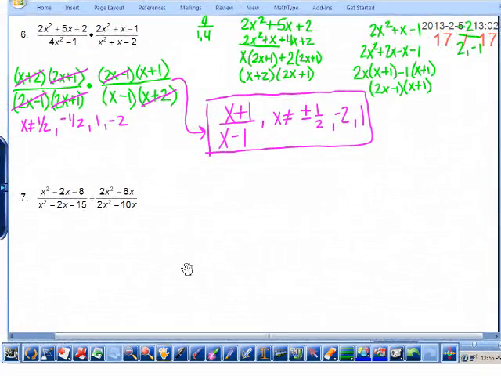All right. Same idea here. We're dividing fractions. So we're going to keep the first fraction, change the division to multiplication, and then flip the second fraction.